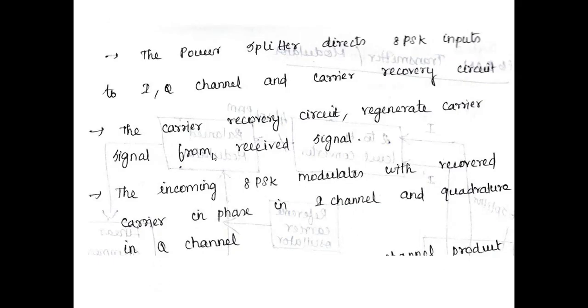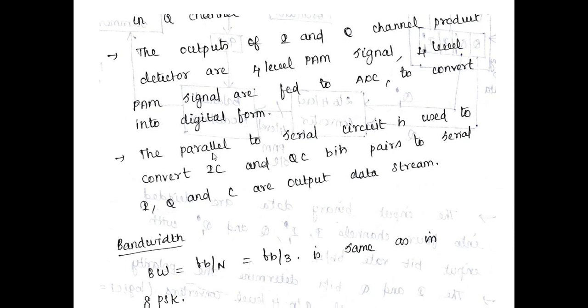So the power splitter directs the 8 PSK input, meaning the 3-bit combination, to the in-phase, quadrature phase and carrier recovery circuit. The carrier recovery circuit generates the carrier signal from the received signal. The incoming 8 PSK is modulated with the recovered carrier in the in-phase channel and the quadrature Q-phase channel.